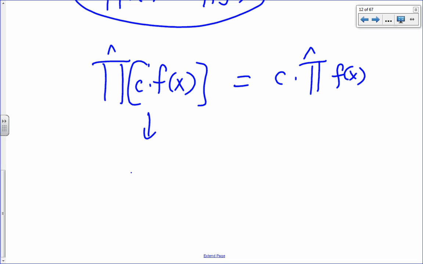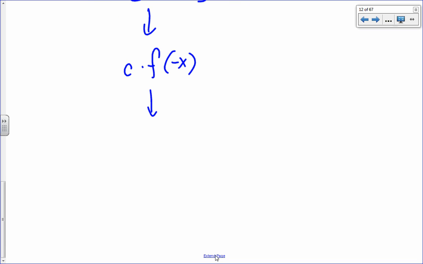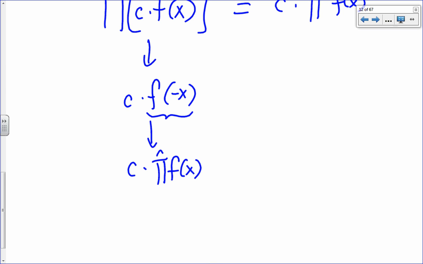So what do I do here? Constant times, where I see an x, I replace it by negative x. But what is f of negative x? It's the parity operator operating on f of x, and that is what we want to show, right? So that's the same thing as that.